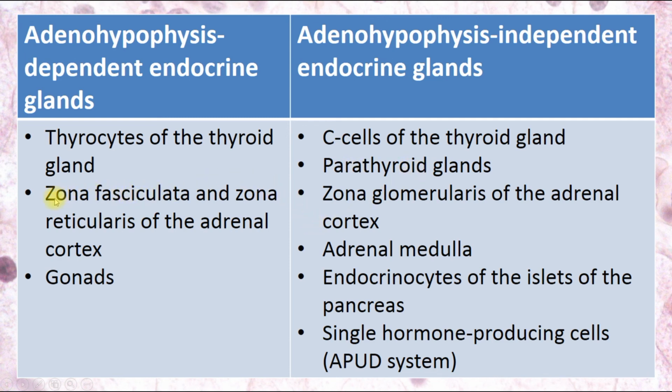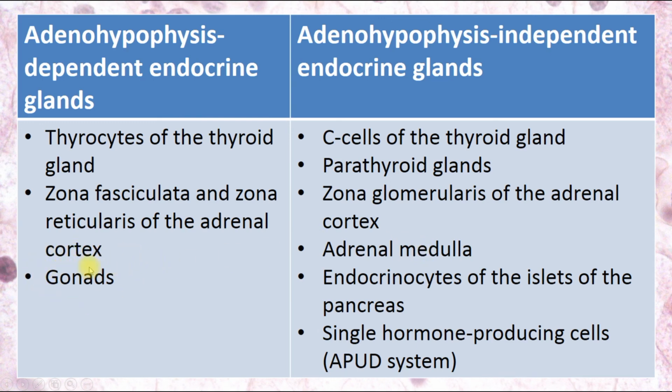Adenohypophysis-dependent endocrine glands and zones include zona fasciculata and zona reticularis of the adrenal cortex. Zona fasciculata is under control of ACTH, and zona reticularis is controlled by FSH and LH. But zona glomerulosa and adrenal medulla aren't controlled by the adenohypophysis.